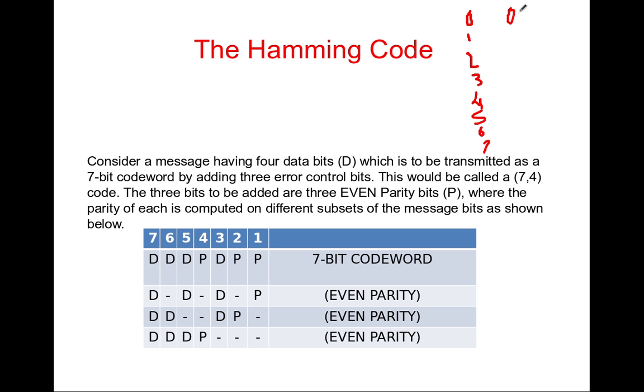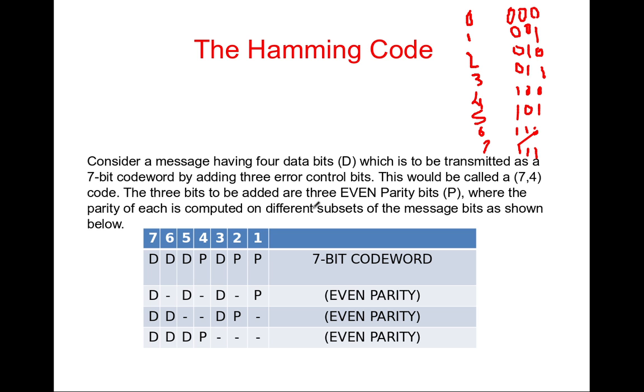So this is all zeros, this is 1, this is 2, this is 3, this is 4. Try to get it because I am not able to draw it properly. This is 5, this is 6, and all ones is 7.